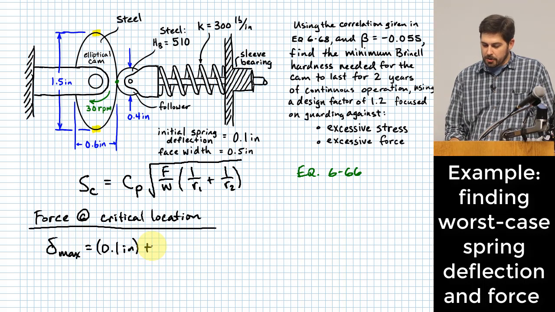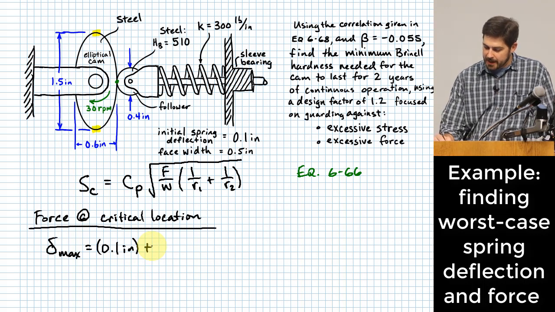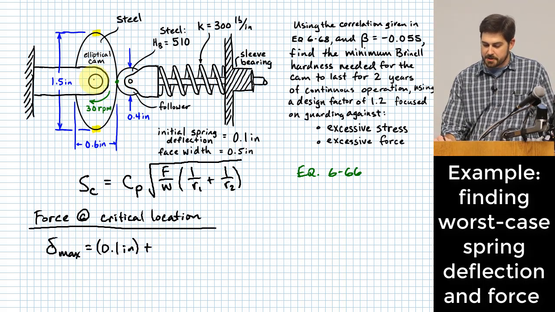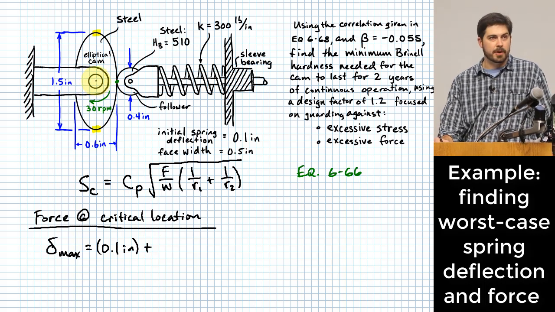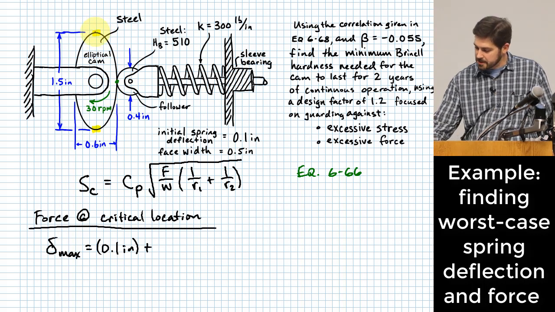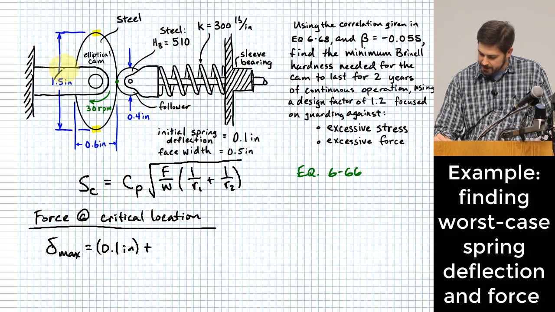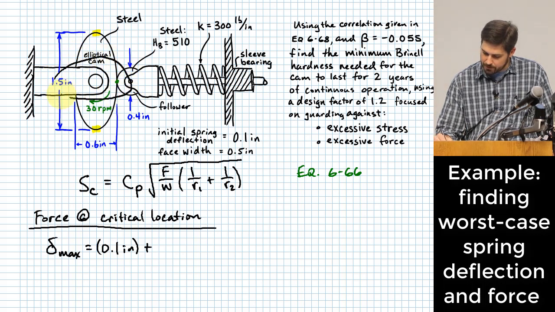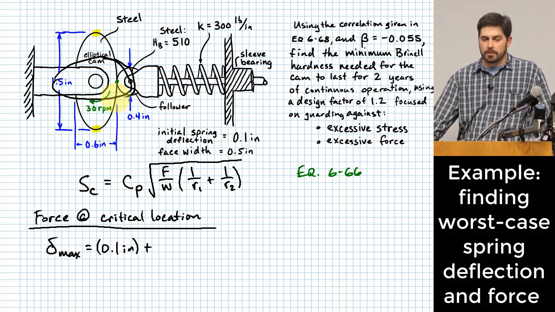Notice here that right now I'm at a radius of 0.3 inches away from the center, right? And as the cam rotates 90 degrees, it will move the roller up to one of these peaks. So basically this thing will rotate to where it's an ellipse that would be oriented this way, right?